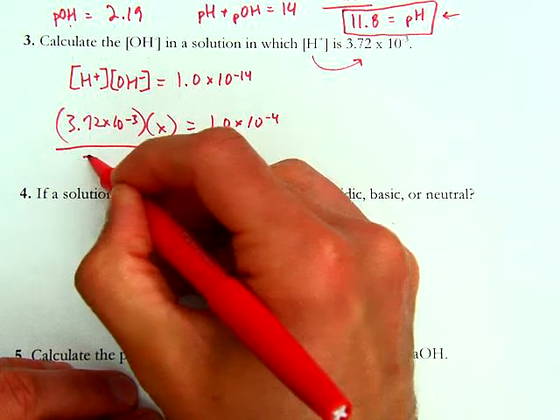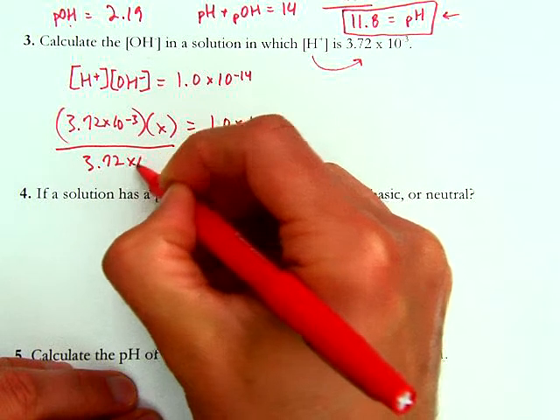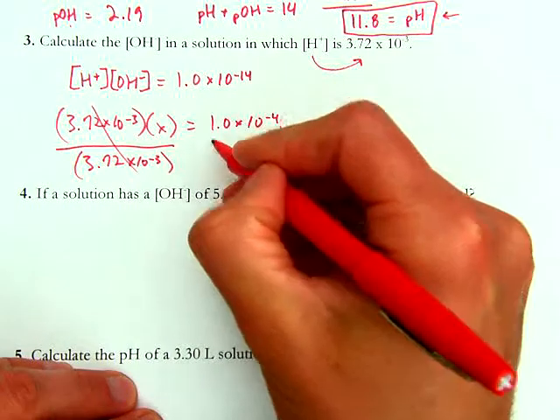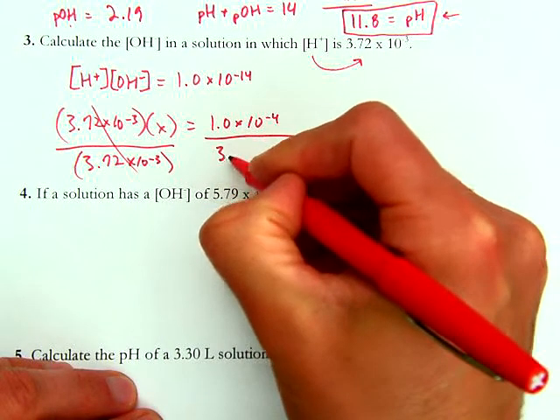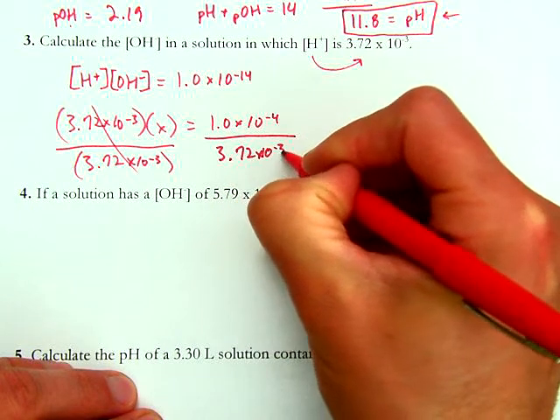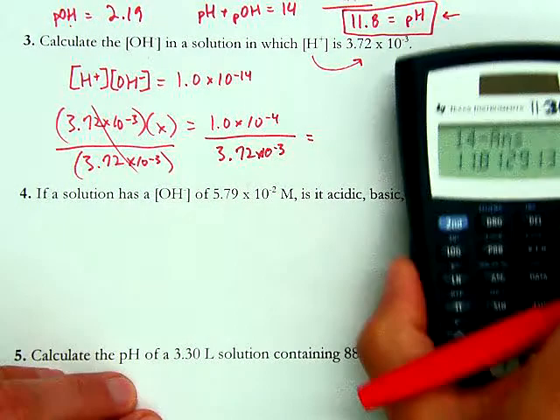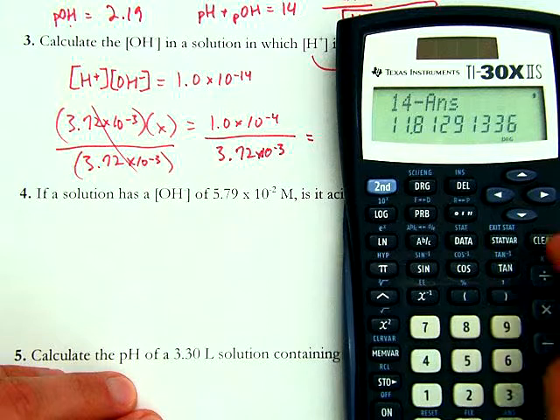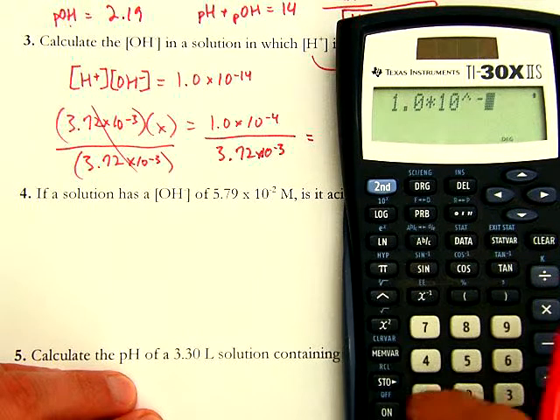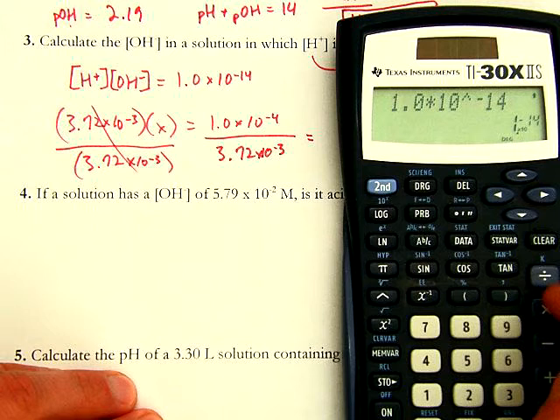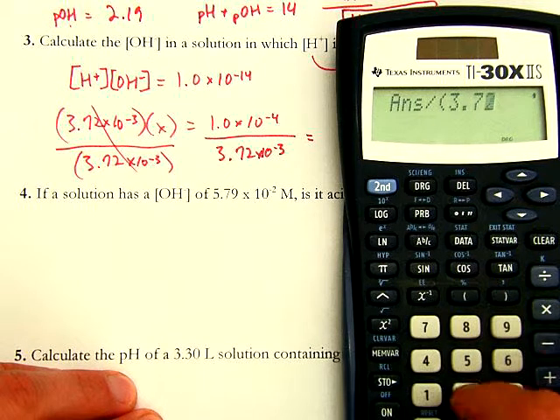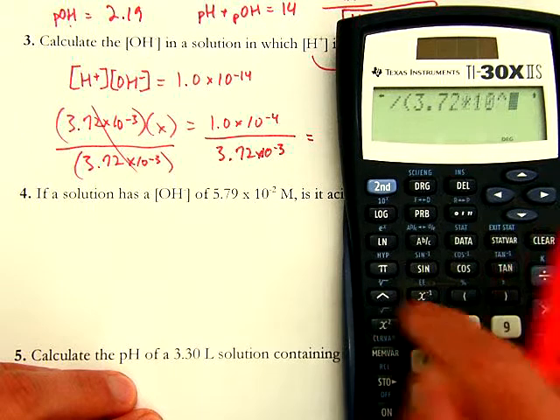So we're going to divide by 3.72 times 10 to the negative 3 so that it cancels. And whatever we do to one side, we're going to do to the other. So on the calculator here, let's see what we get. 1 times 10 to the negative 14 divided by 3.72 times 10 to the negative 3.